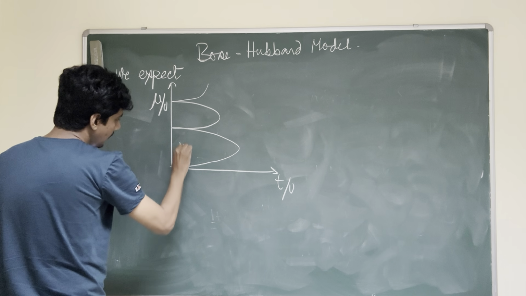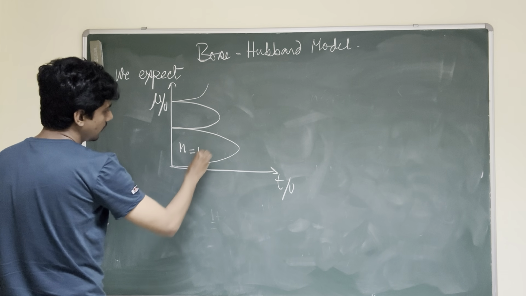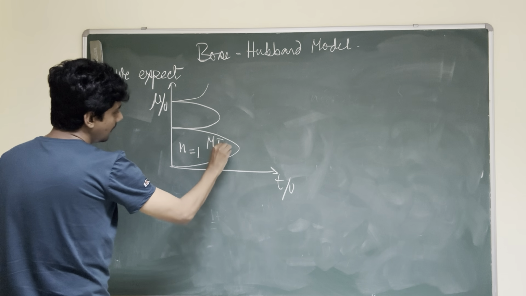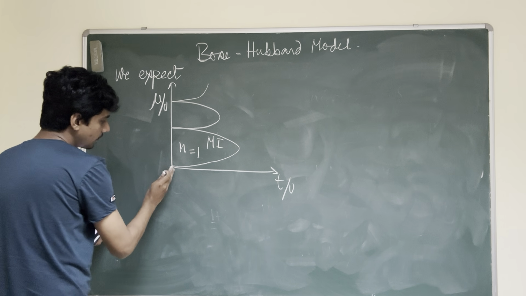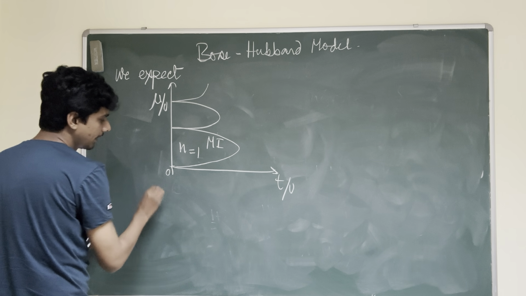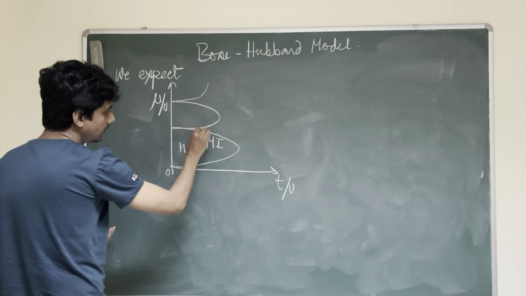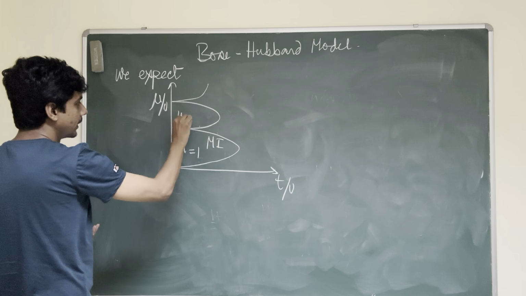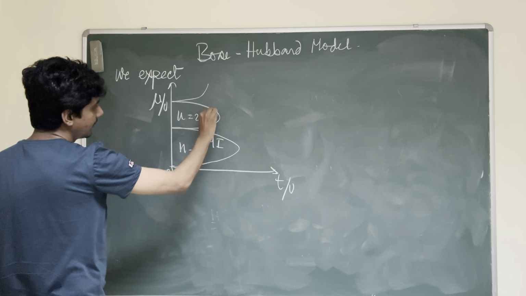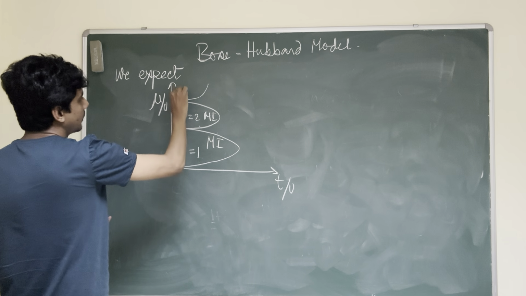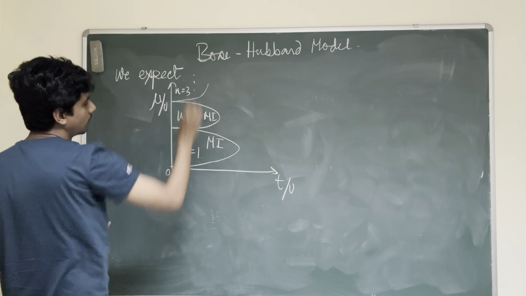This lobe, with n equal to 1, is the Mott insulator phase. As you see, it is the 0 point, and some critical hopping will be there. This is the n equal to 2 Mott insulator phase, and this n equal to 3, and so on.